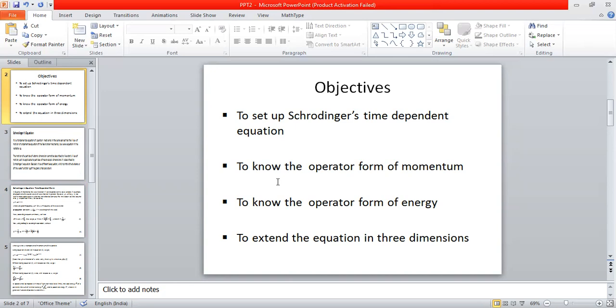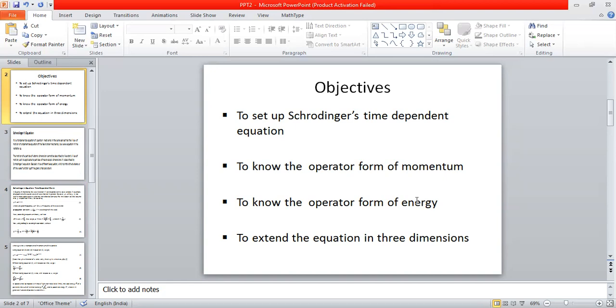There are two important physical parameters, momentum and energy, and these observables take an operator form in quantum mechanics, and we are also able to write down the operator form for the momentum and the energy.